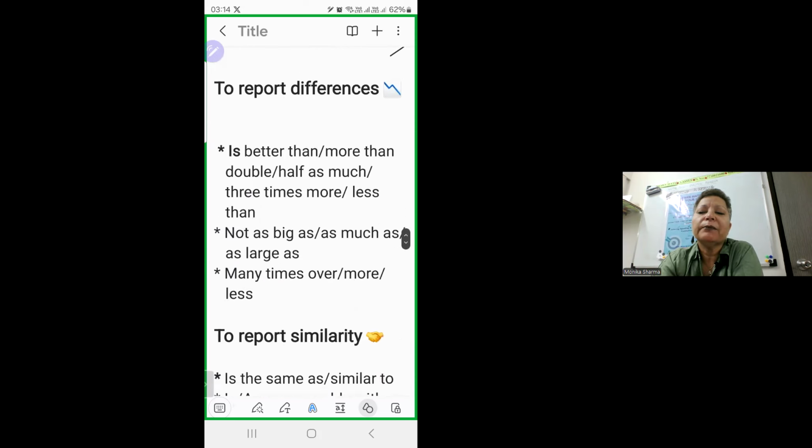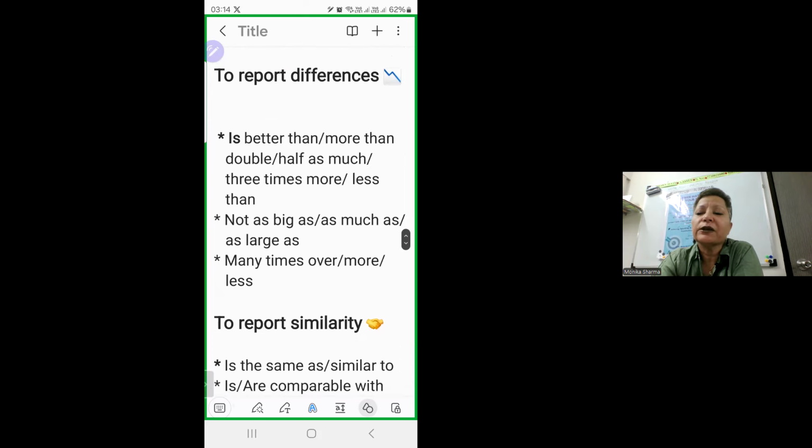You may have to report some kind of differences. When I say differences, I am trying to say that someone is doing better, someone is doing worse. So, in a way, I'm trying to talk about some differences between the performance of two different variables.